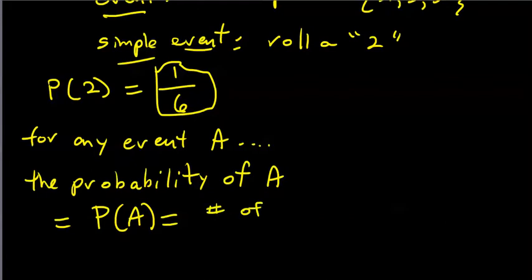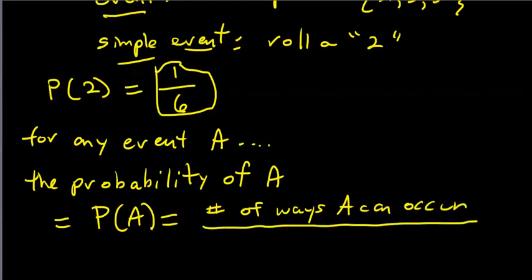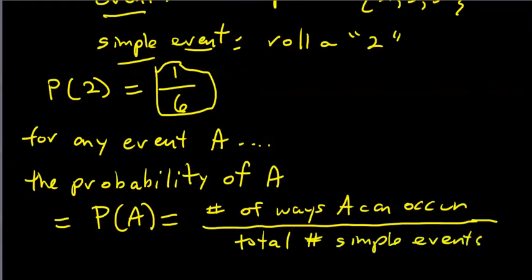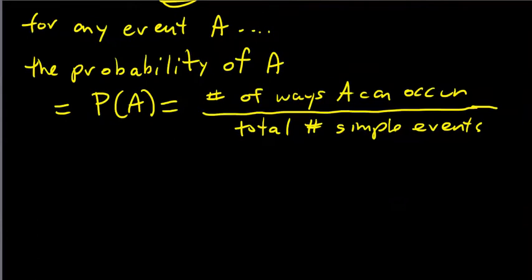It's the number of ways A can occur divided by the total number of simple events in your experiment. In the above example, there were 6 simple events, namely rolling a 1, 2, 3, 4, 5, or 6, and there was only one way to roll a 2, so hence we computed the probability of a 2 in that roll was 1/6.